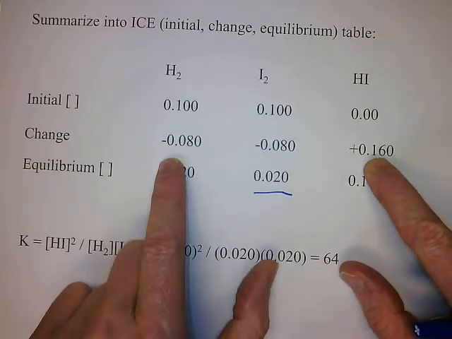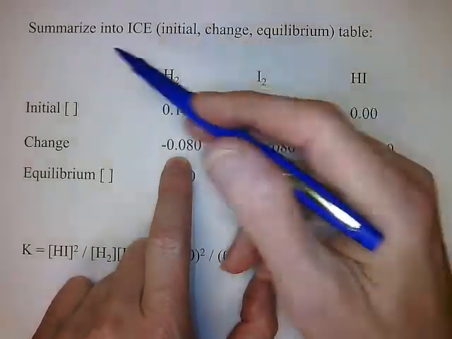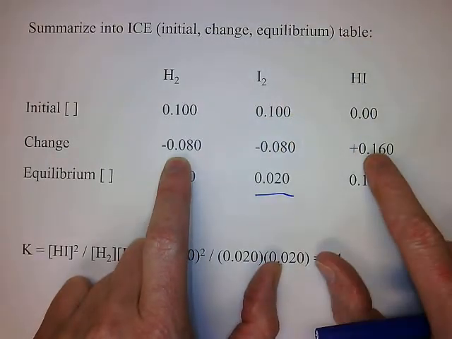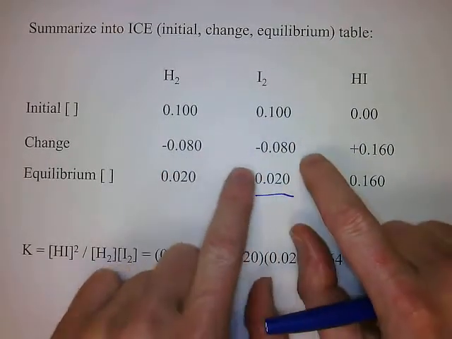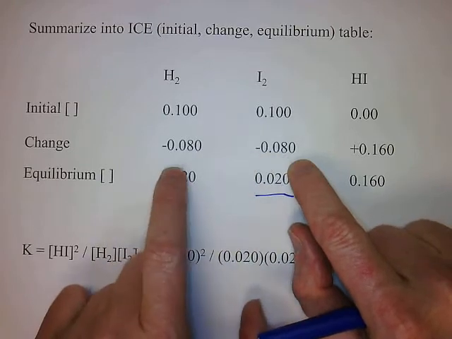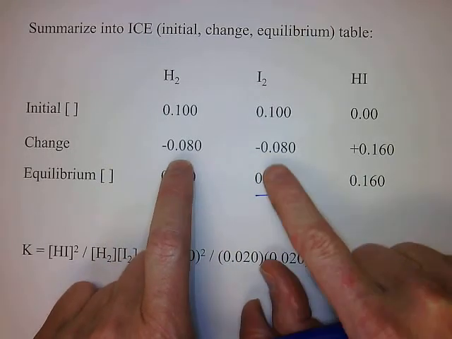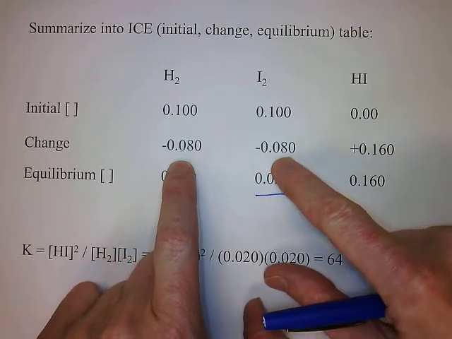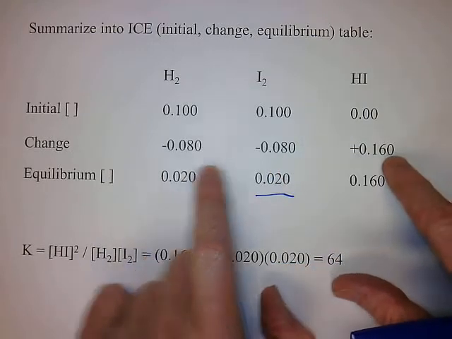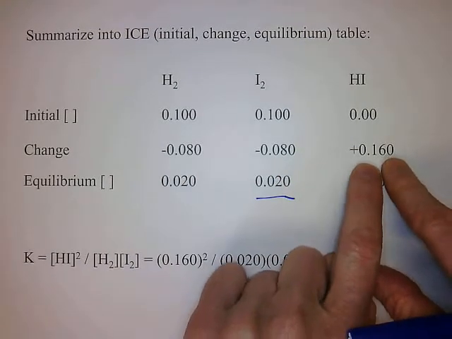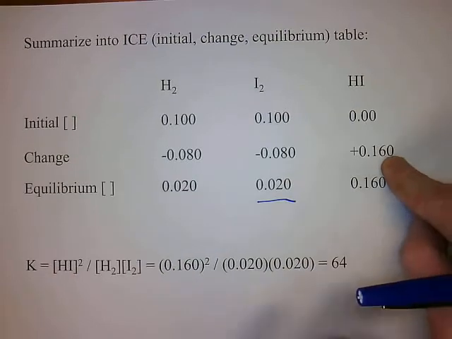Now, the rest of this comes from the balancing coefficients in the equation. Okay, so if this went down by 0.08, then this went down by 0.08. And if these two went down by 0.08, then this went up by twice that number, which is 0.16.